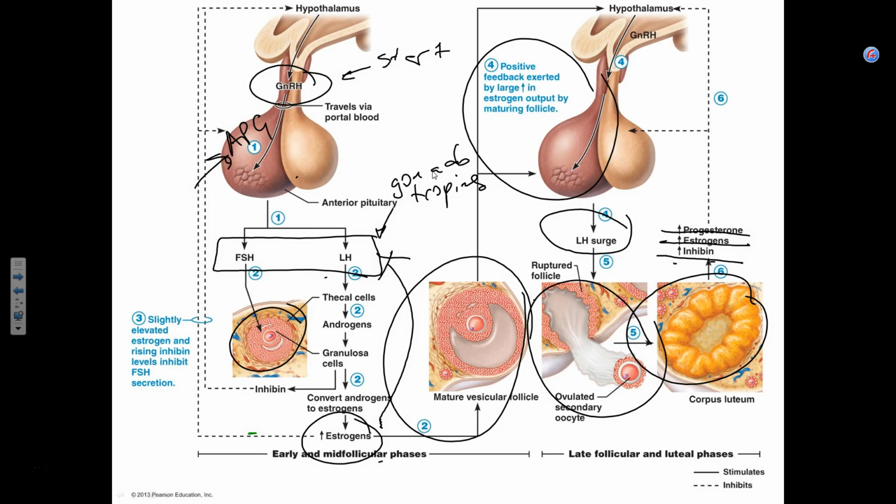Let's focus on gonadotropins. As gonadotropins decrease, corpus luteum degenerates. What happens to the levels of estrogen and progesterone? They go down, and that decline allows GnRH to restart the cycle. Does that make sense?